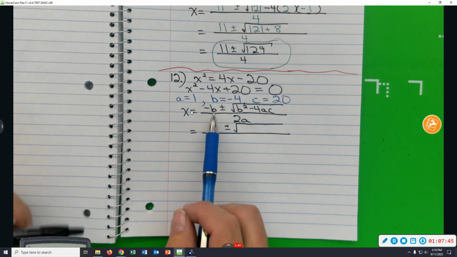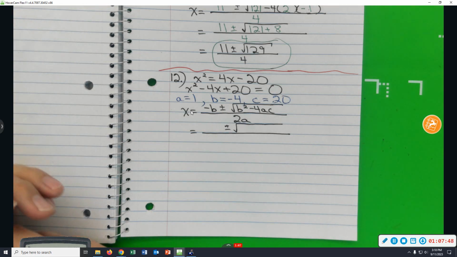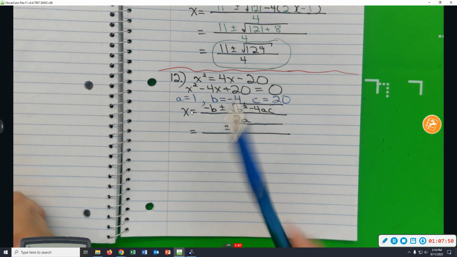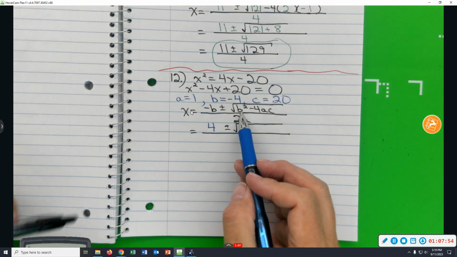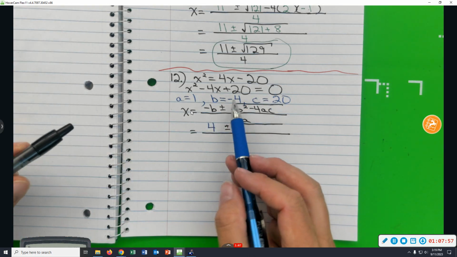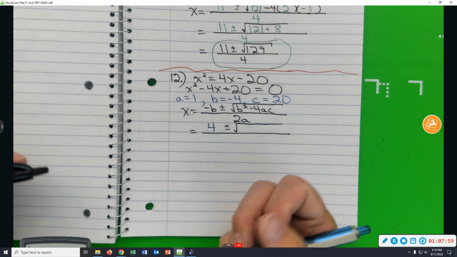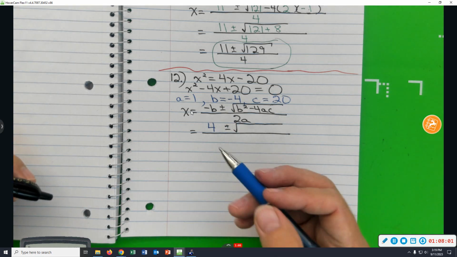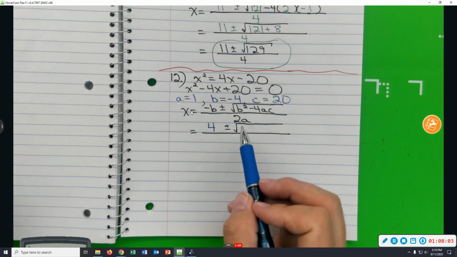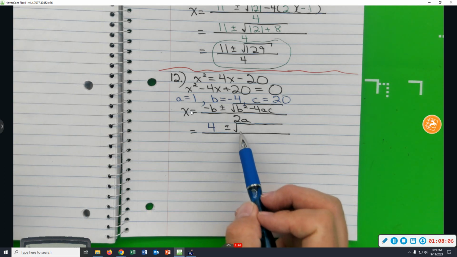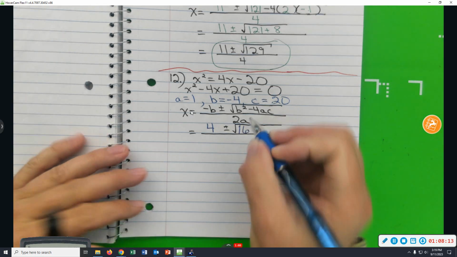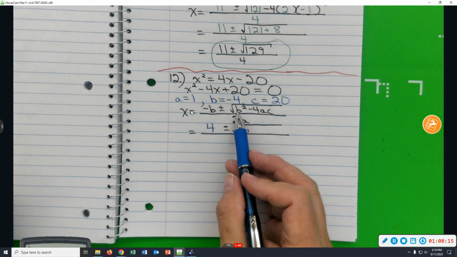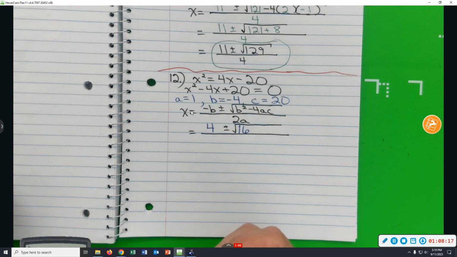The opposite of B, -B, what's that going to become? A +4. B squared, that's something you can do in your head. Negative times negative is, 4 times 4 is, in general, let's just agree, B squared is always going to have what sign? Positive, okay? Because whether B is positive or negative, when you square it, it becomes positive.